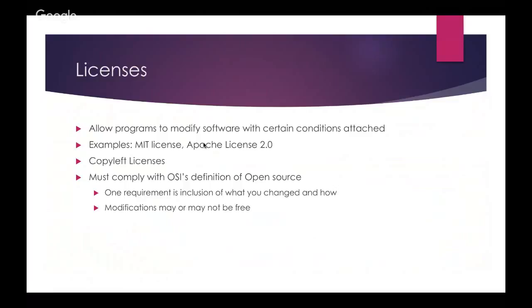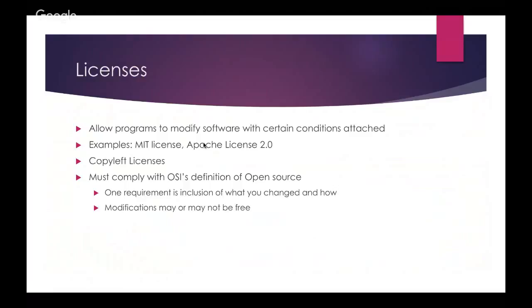Some examples of licenses would be the MIT license or the Apache License 2.0. The licenses require that the users must comply with the OSI's definition of open source. And so one of those requirements is the inclusion of what you changed and how.